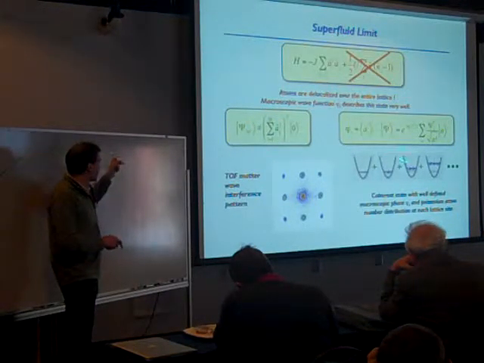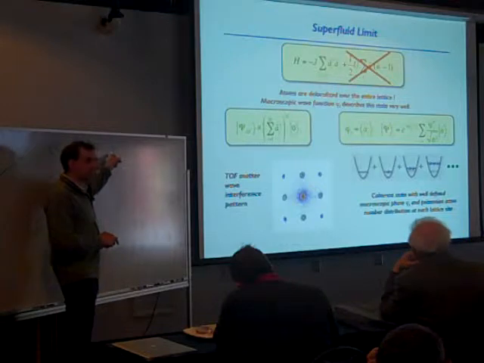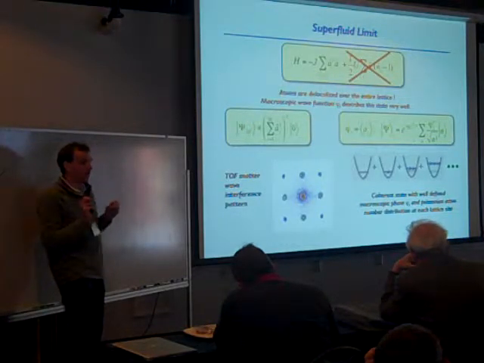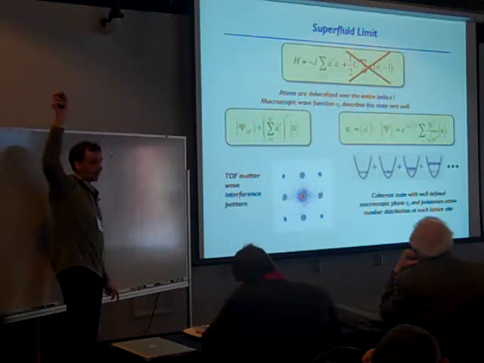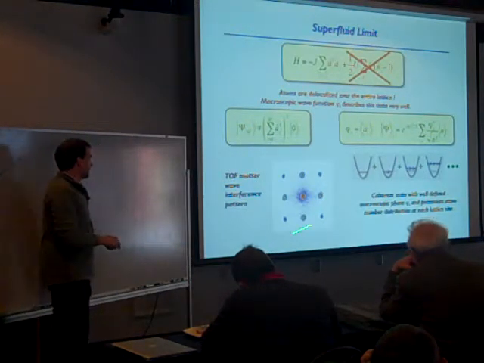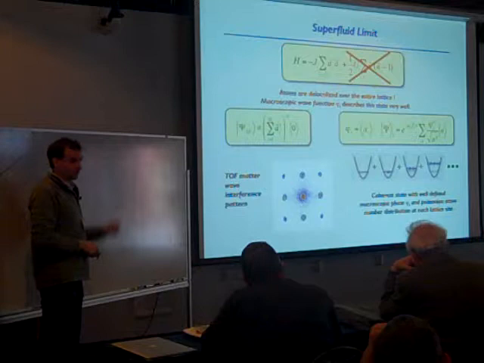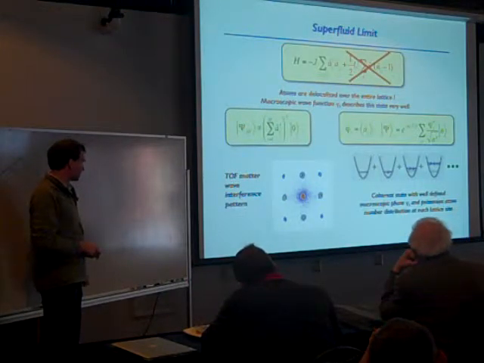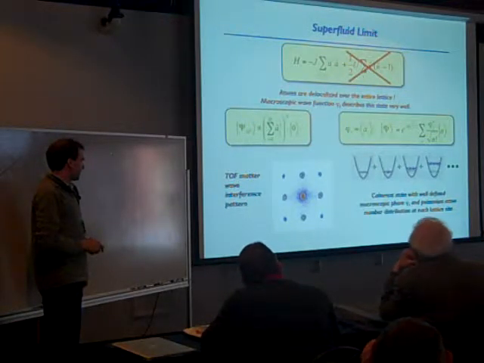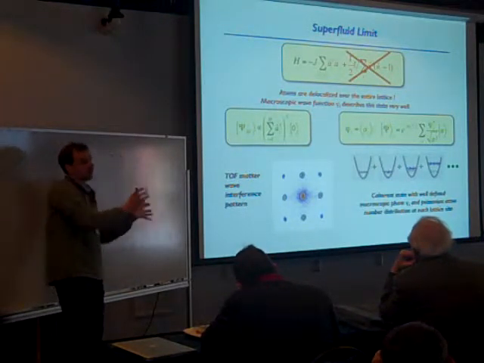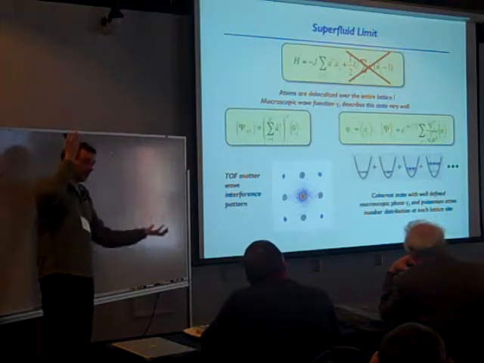So if they're all the same phase, like all a similar length, but what's important, all the same direction, then I see this beautiful interference pattern. Now, it actually turns out this microscopic phase and the atom number are also conjugate.